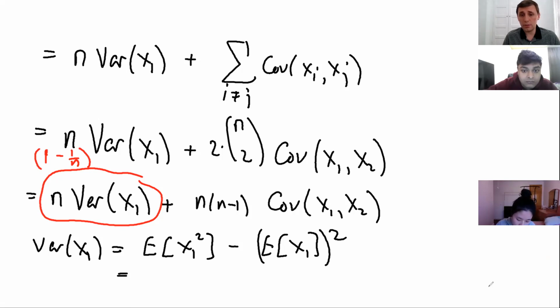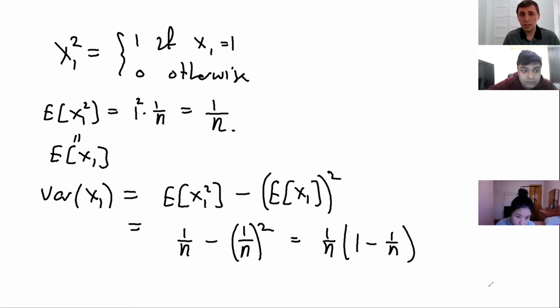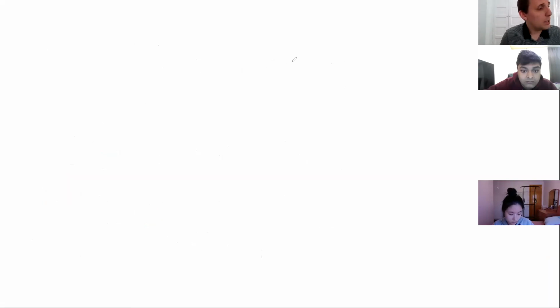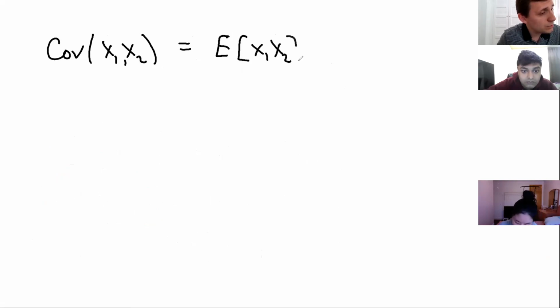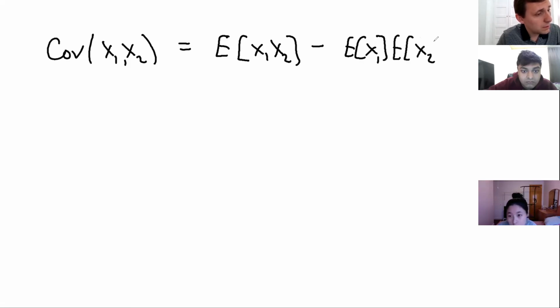Now let's calculate covariance, guys. I want to calculate covariance of x1 and x2. What do I need to do? I need to calculate the expected value of x1 x2, and subtract the expected values of each individually.